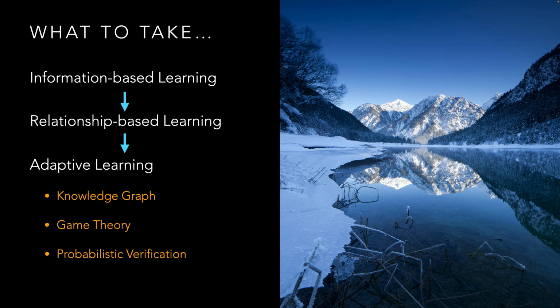So from this whole presentation of the masterclass, what to take away? The thing to take away is the whole concept of adaptive learning that I have derived from information-based learning and relationship-based learning. It's the combination of those two learning types that we can use as adaptive learning. Adaptive learning will use the knowledge graph data structure to contain all the information of the environment, the agent, and anything that currently impacts its situation.